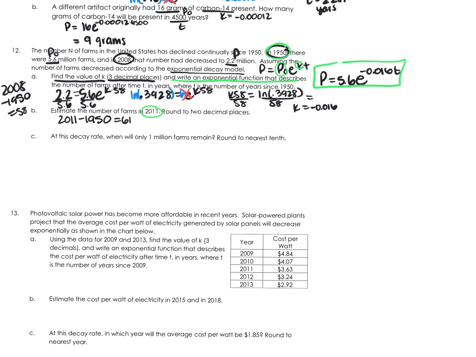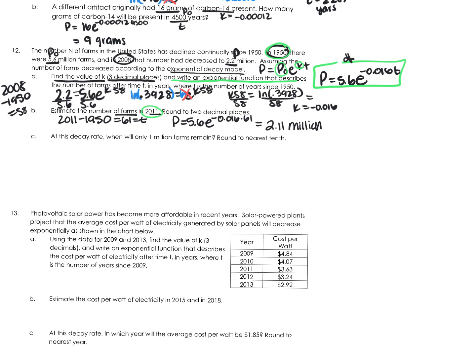So we're looking for the number of farms in 2011. So this is our time, and we're looking for P. So we'll plug in 5.6 e, use our K from our equation up here, and we're plugging in 61 for T. Type that into your calculator, and you should get 2.11 million farms.